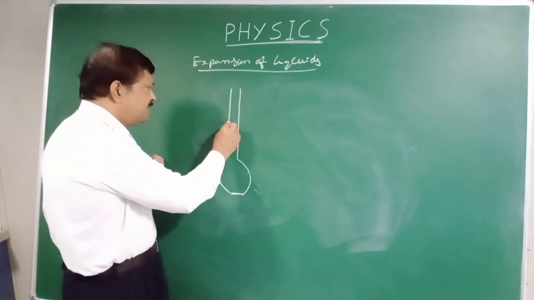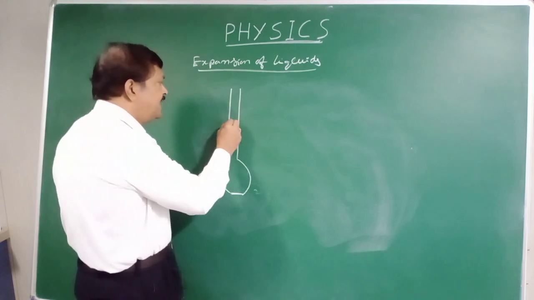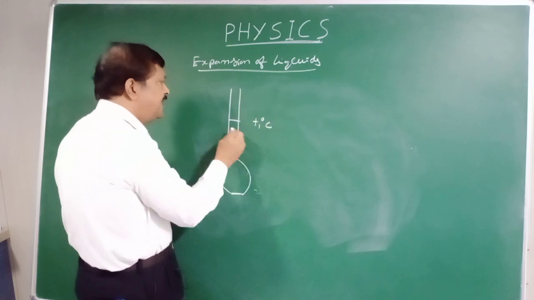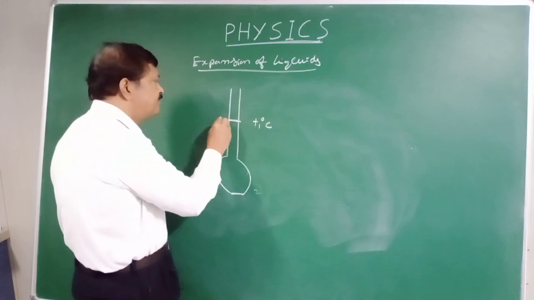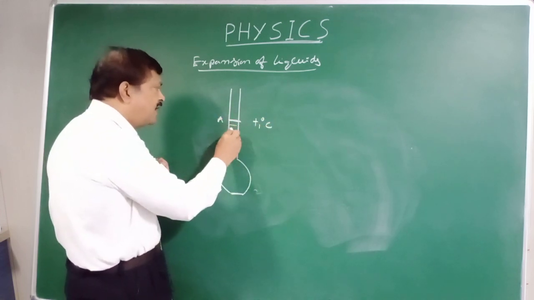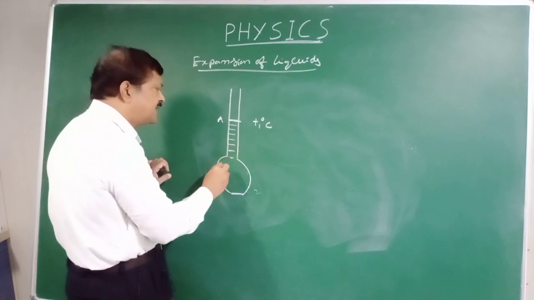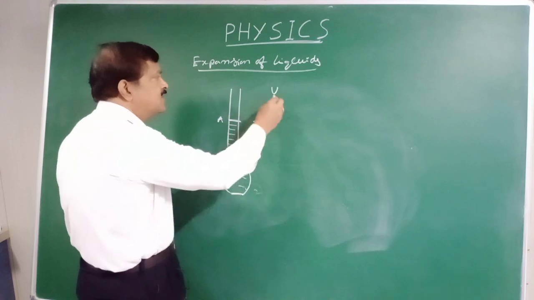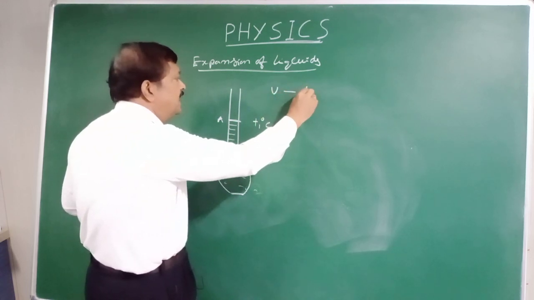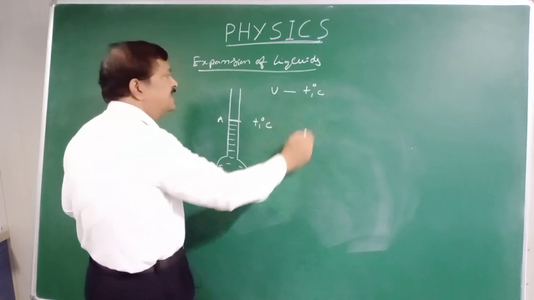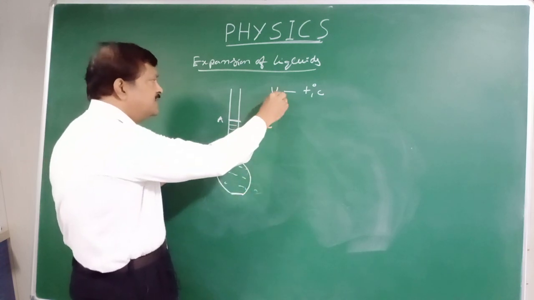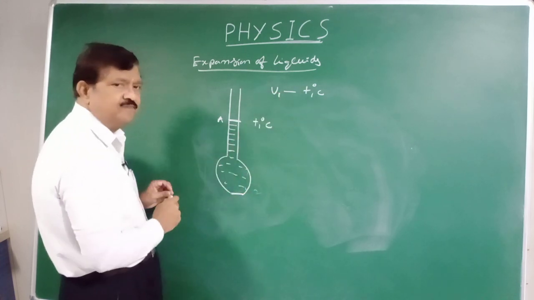Now, suppose the liquid I have taken initially at room temperature, let us say T1 degrees centigrade, the liquid level is at A. So, whatever volume of the liquid is present inside the container, let the volume be V. So, V is the initial volume at the temperature T1 degrees centigrade. Or let us say initial volume is V1, the initial volume at T1 temperature.